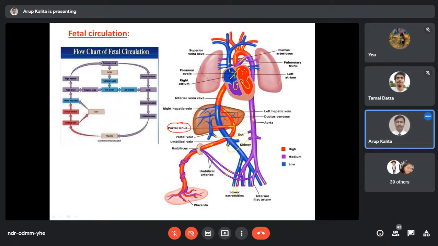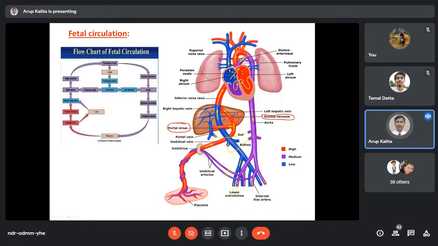Another dilution, without the hepatic circulation it will directly pour into the posterior vena cava. That is the second dilution of the blood through ductus venosus. So ductus venosus is the shortcut in the fetal circulation between the umbilical vein and the posterior vena cava, bypassing the hepatic circulation. Now from here, the mixture of the pure and impure blood will pour into the right atrium.